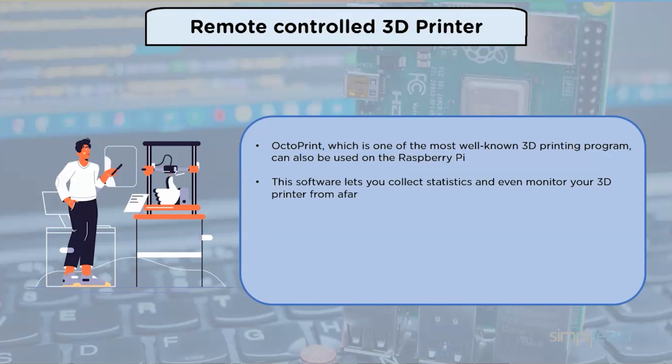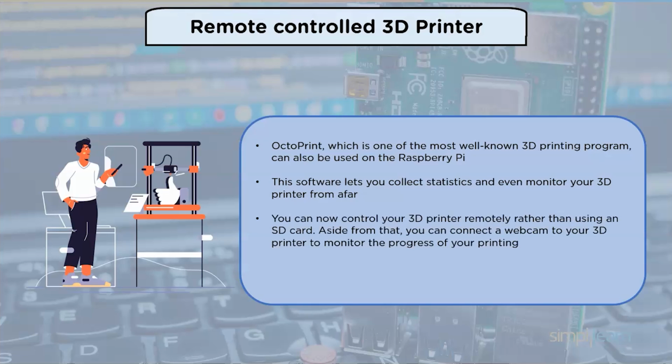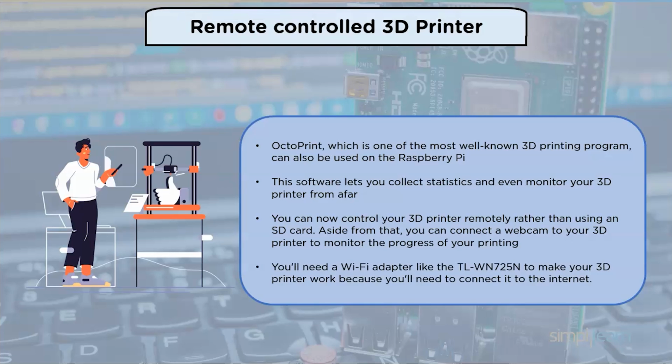You can now control your 3D printer remotely rather than using an SD card. Aside from that, you can connect a webcam to your 3D printer to monitor the progress of your printing. You will need a Wi-Fi adapter like the model TL-WN725N to make your 3D printer work, because you will need to connect it to the internet.